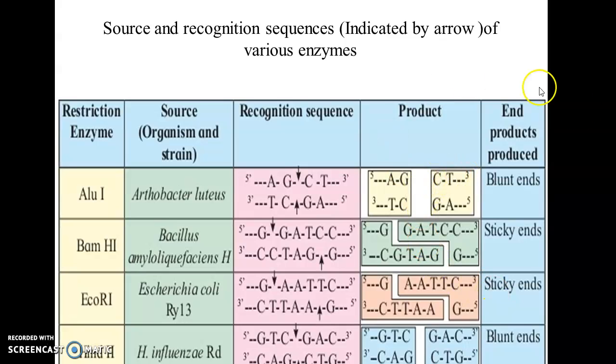Other enzymes cut the DNA so that the cut fragments have blunt ends, meaning they remain double-stranded. These are called blunt end cuts. So these are the different enzymes, their discovery, recognition sequence and cut pattern.